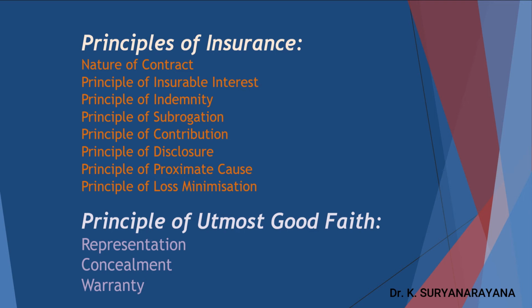So it is the principle of contribution. It is the doctrine of contribution: the loss for an asset insured with several insurers has to be proportionately shared, and you can get an amount not exceeding the amount of loss.